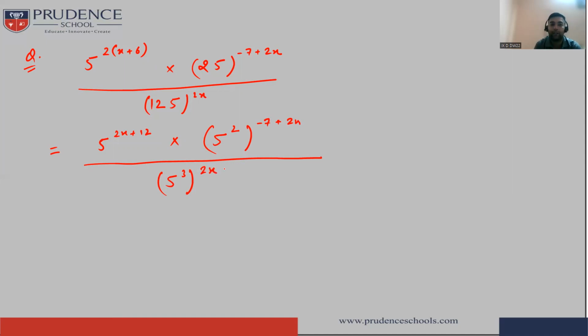So we have converted the question into the power of 5. All the numbers are converted into the power of 5. So this will be 5 raised to power 2x plus 12 multiplied by 5 raised to power minus 14 plus 4x divided by 5 raised to power 6x.